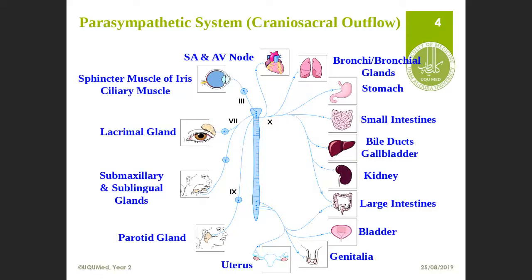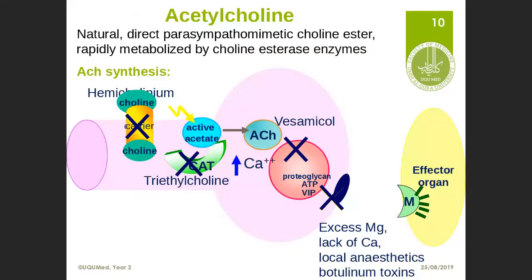But when we are talking about the nicotinic antagonist, we are talking about the skeletal muscles. Skeletal muscles are mostly involved in your movements: arm movements, hand movements, leg movements, joint movements, all those.